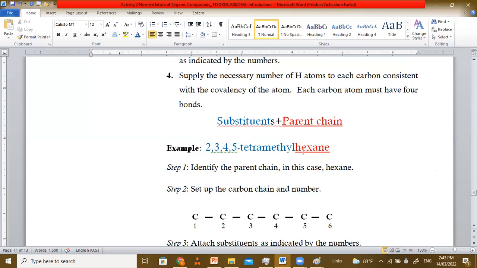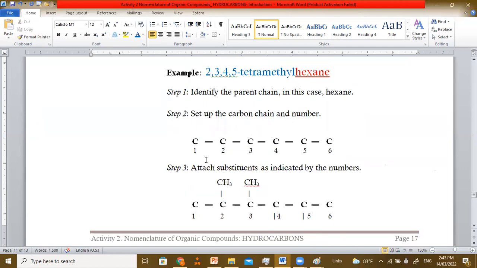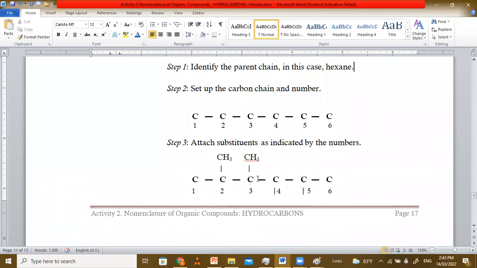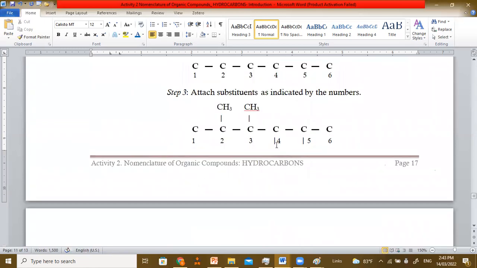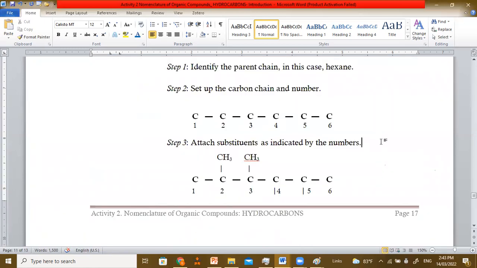So our parent chain is hexane, the one at the last. And before the parent chain are all our substituents. So hexane, so we draw the continuous 6 carbon atoms, 1, 2, 3, 4, 5, 6. And on carbon 2 is our methyl, on carbon 3 is our methyl, and on carbon 4 is our methyl also.